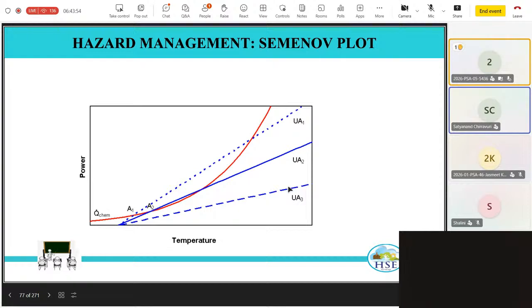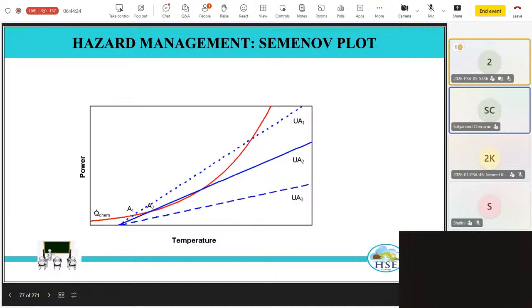For a typical reactor system you can't increase U, but you can keep on increasing A, and when you keep on increasing A, the slope increases. Once area is increased, there is a point at which it is cutting the line. That means there is a minimum area that you sometimes require to control your heat of reaction.